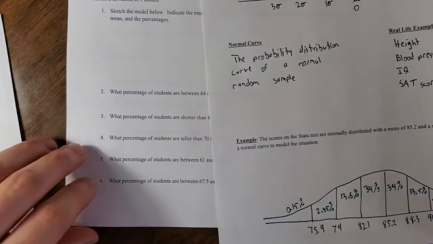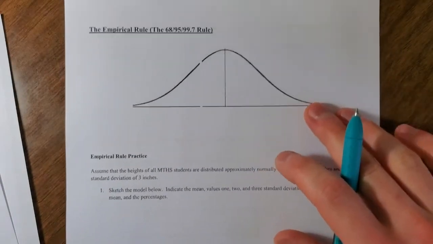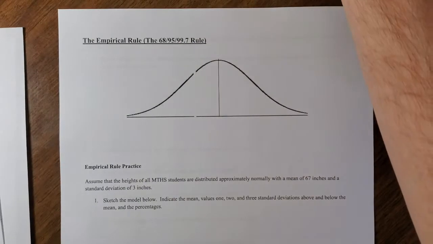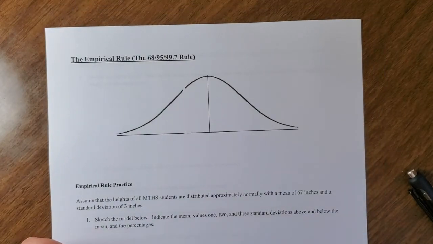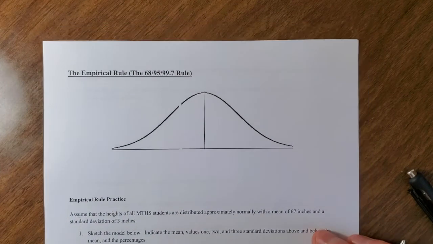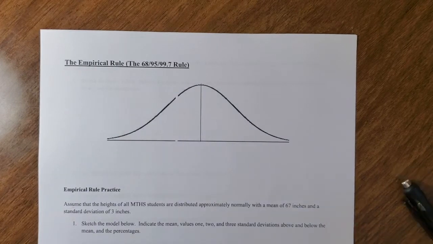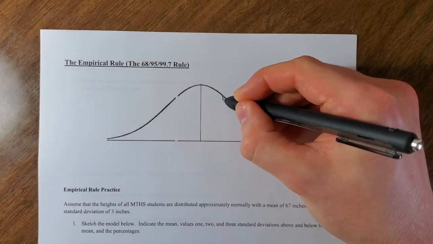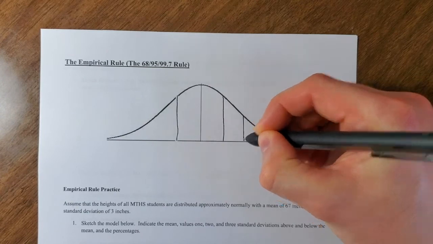Let's do a couple more examples of these though. So the empirical rule, that's what I was mentioning earlier, where we use those rounded decimals to get easier answers to work with, and that gives us this empirical rule, the 68, 95, 99.7, which are some really easy numbers to work with, and that just refers to the probability that an observation falls within one of our given standard deviations.